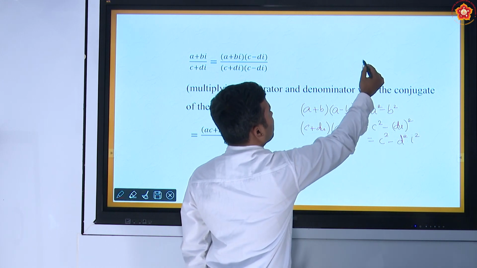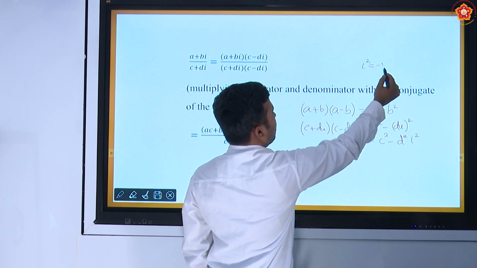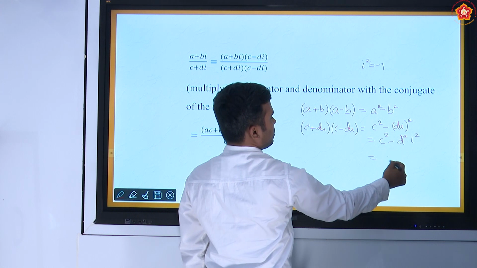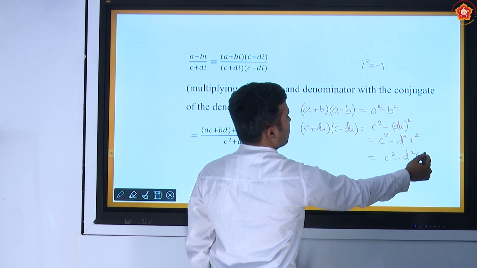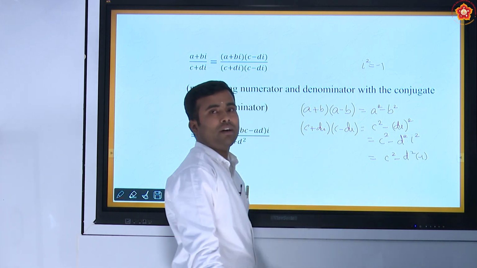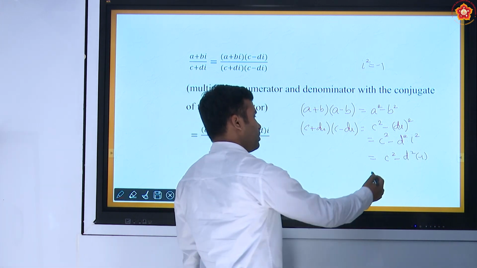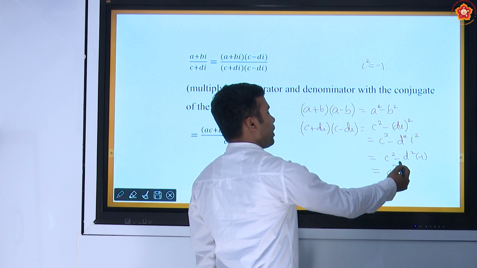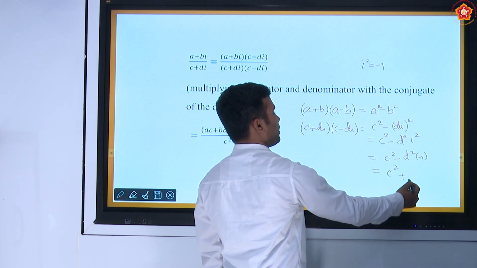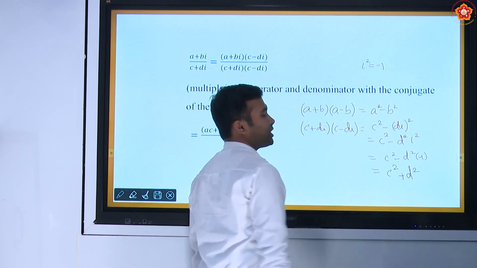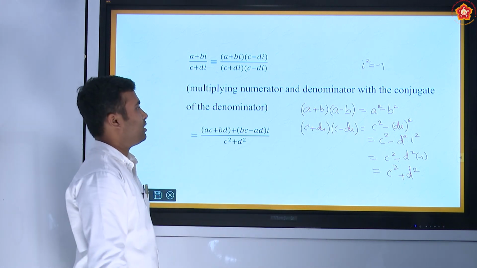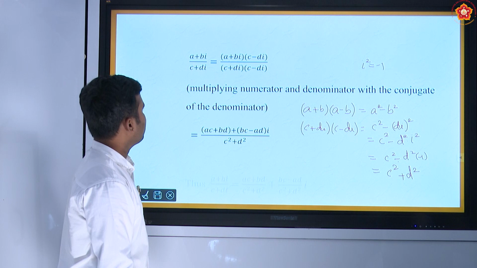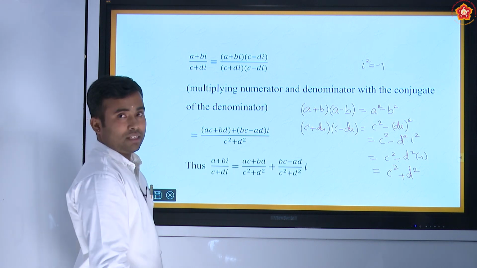We know that the value of I square is minus 1. If you substitute that value here, I square is equal to minus 1, so this becomes C square, minus into minus becomes plus, and this is D square. So now the denominator is C square plus D square.